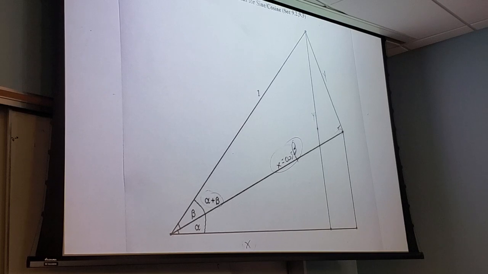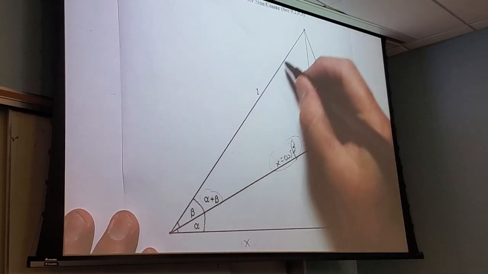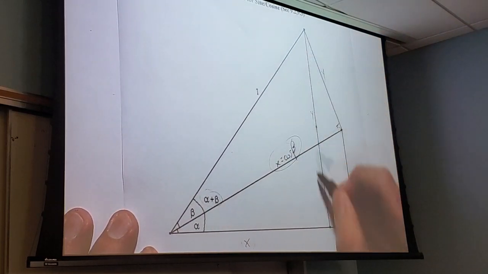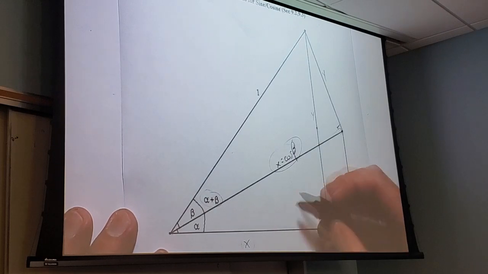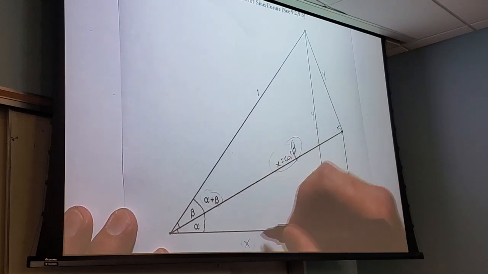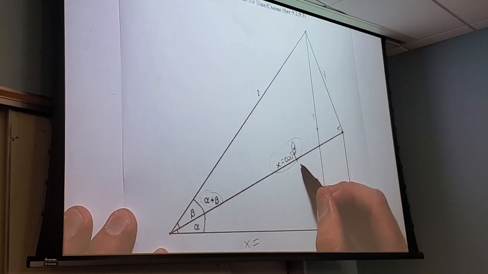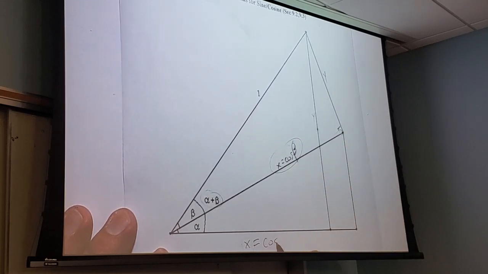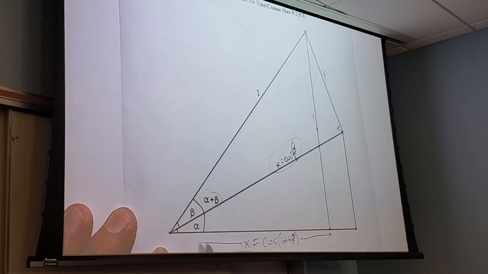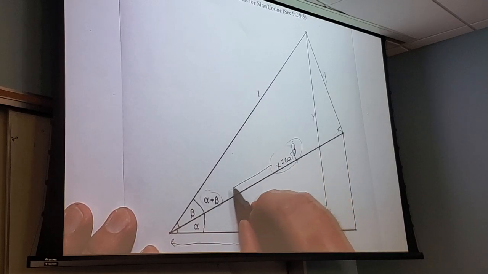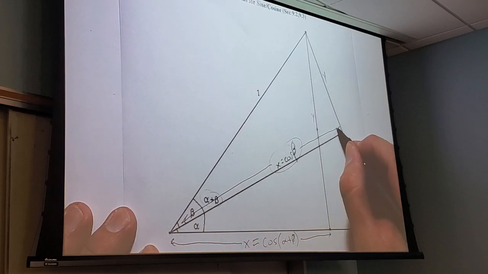Yeah, cosine of alpha plus beta would equal x over 1. So this is the exact same way I got it in this other triangle. This is cosine of alpha plus beta right here. So this is cosine beta.